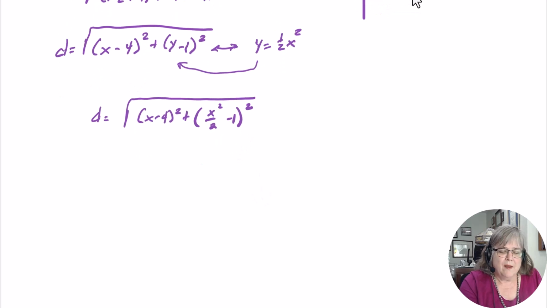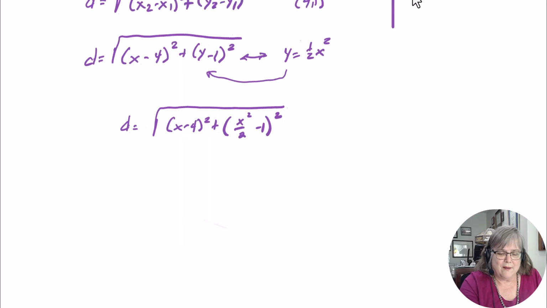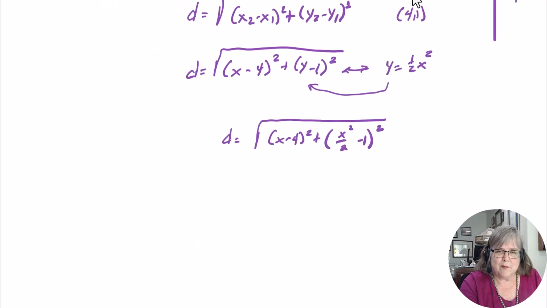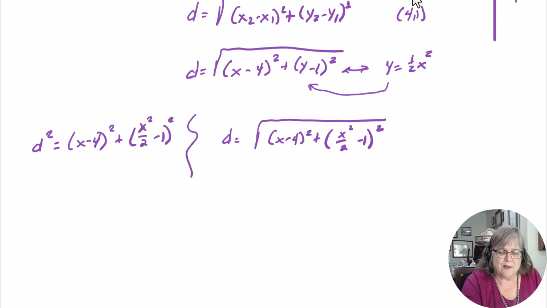Now, you can take the derivative of this, or I have seen similar problems where they suggest that you square both sides, which you're legally entitled to do. If you have a teacher who's done this, they may have squared both sides, and then they take the derivative of both sides.